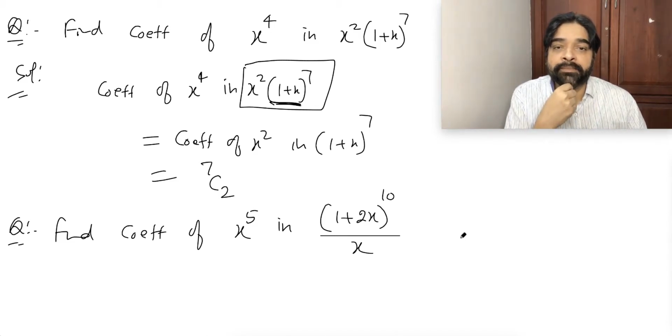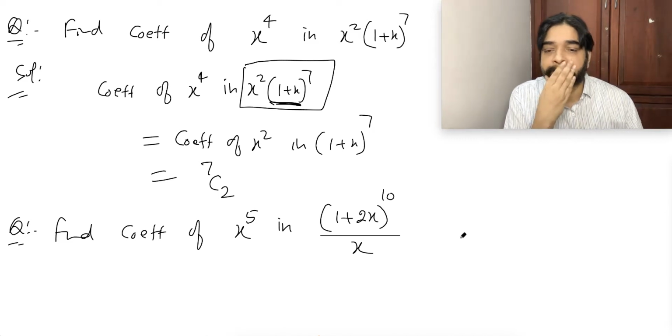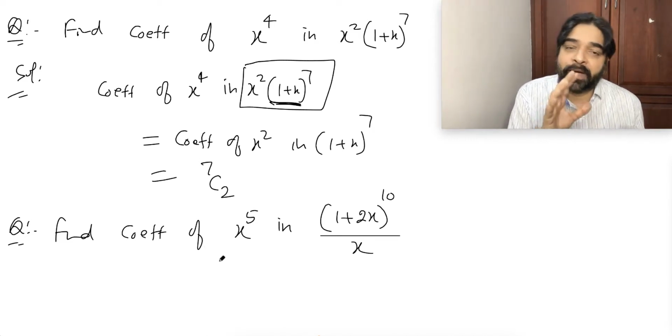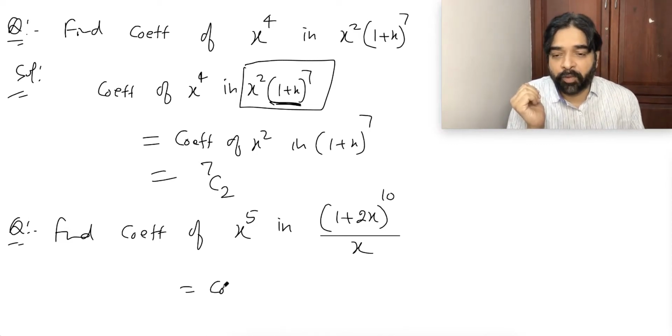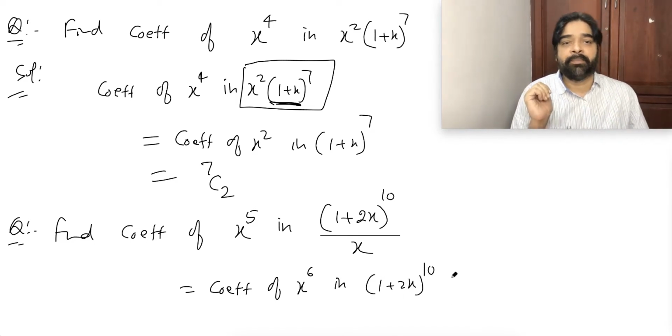Is it done? Over. Look here. I have to find the coefficient of x^5 in this. I will say this will be equal to the coefficient of x^6 in (1 + 2x)^10. Did you understand this step?